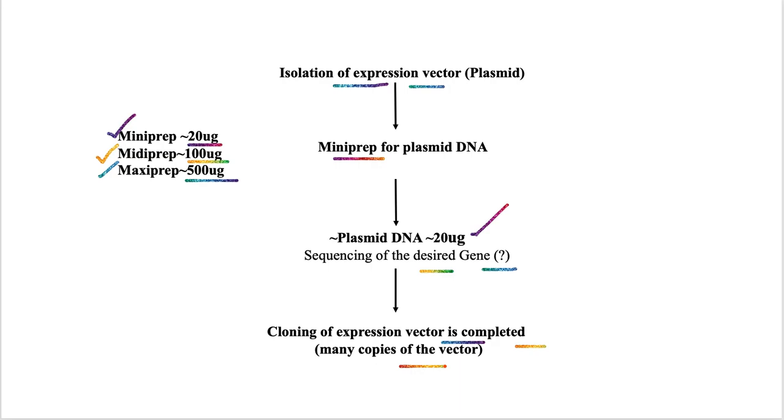So the next step is to do the transformation of a particular strain of bacteria that we will use for expression purposes, and that is the transformation of the BL21 bacterial strain.